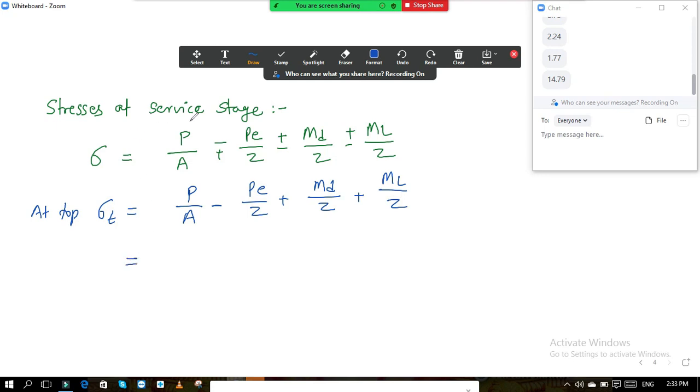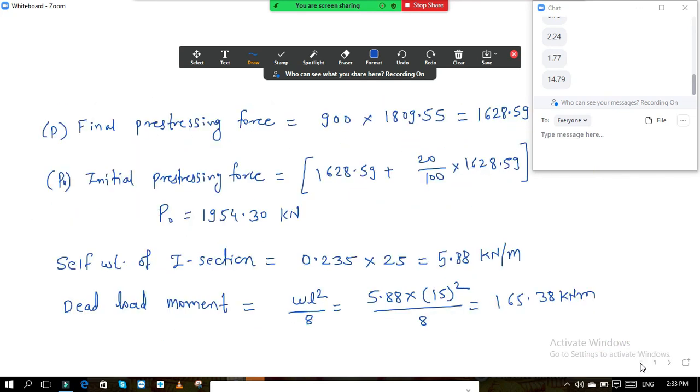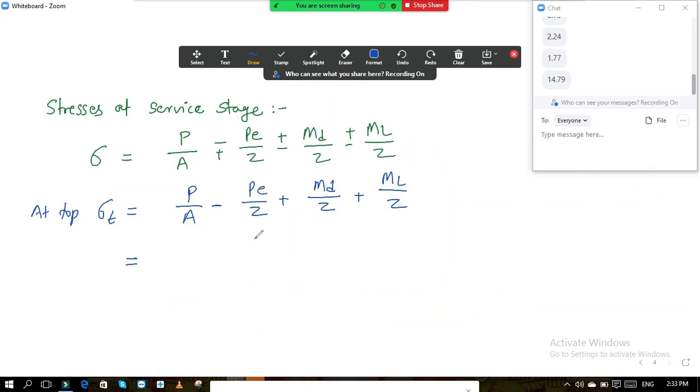Here the service stage is there, so use the final prestressing force. What was our final prestressing force? Final prestressing force is 1628.59. So it is 1628.59 into 10 raised to 3 divided by area 235.8 into 10 raised to 3.